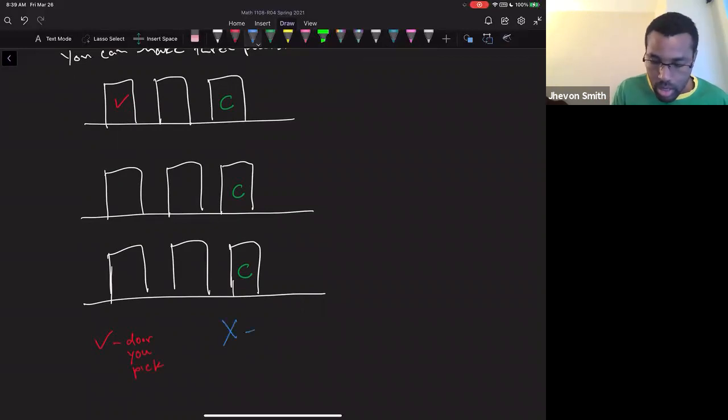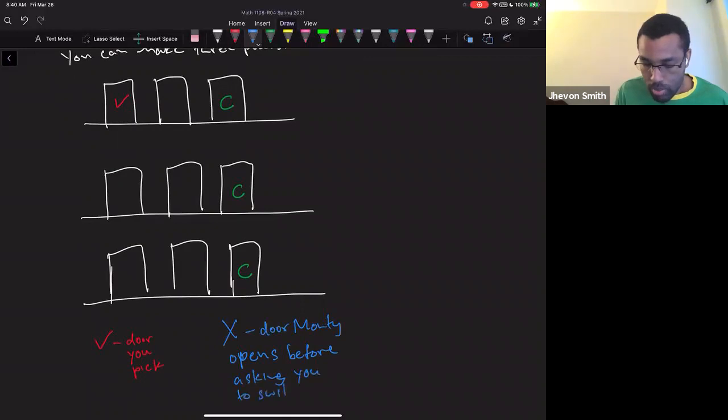This door Monty opens before asking you to switch.